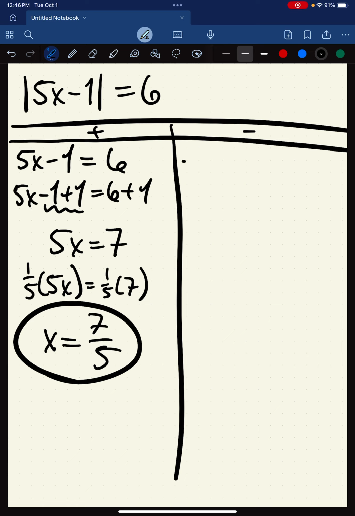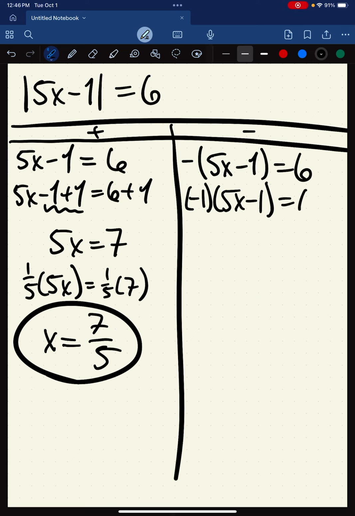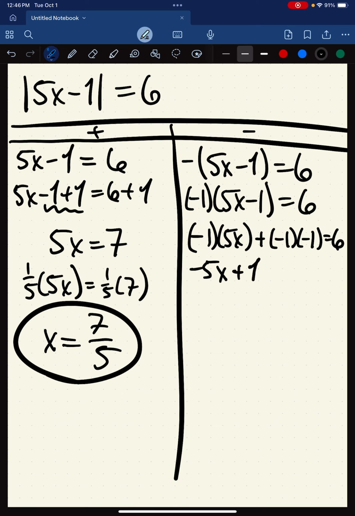On the negative side, we have to make the entire expression that's in the absolute values negative. And remember that that negative is a negative 1. So we distribute, we get negative 1 times 5x plus negative 1 times negative 1 is 6. Simplify, we get negative 5x plus 1 is 6.